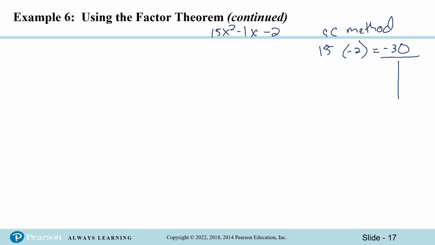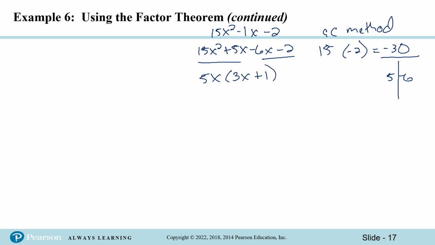So I'm seeing 5 and negative 6. So 15x squared plus my 5x minus my 6x minus 2. We're going to factor by grouping. We have 3x plus 1. I forgot my minus 2.